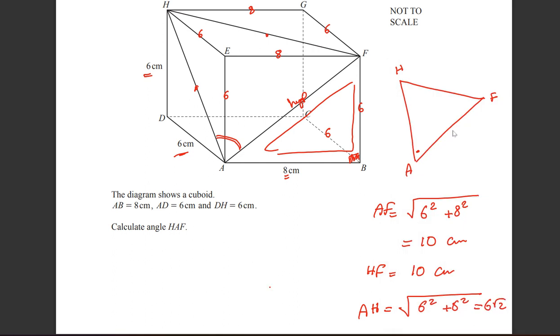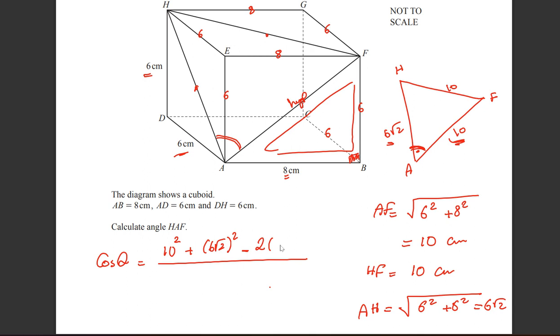Now I want to find the angle. I know that cosine theta equals this rule, which is the two other sides, the two legs of the angle: this power 2 plus this power 2, which is 10 squared plus 6 root 2 squared, minus the opposite side, which is 10 power 2.